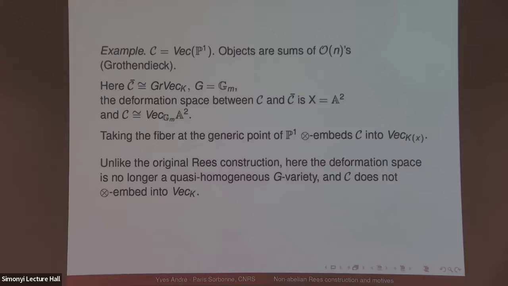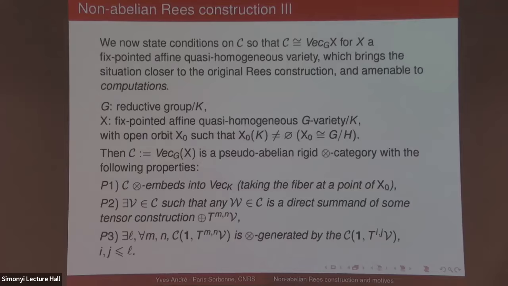So in the third part of this discussion about non-abelian Rees construction, I will put some extra assumptions. They constrain the variety X, forcing it to be a fixed-pointed affine quasi-homogeneous variety, and in fact it can be computed by a formula.